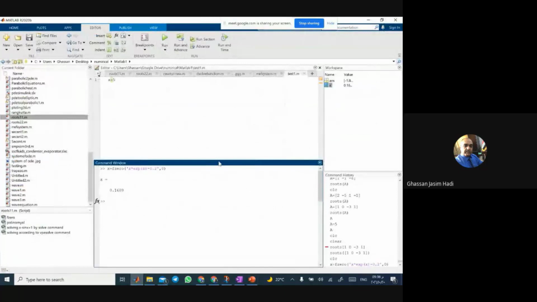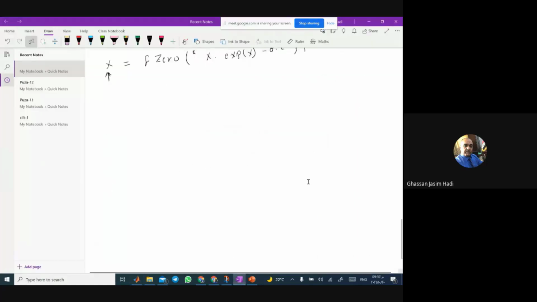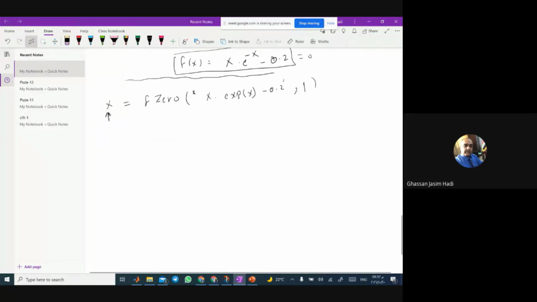Anyway, now this is the first way to solve or to find roots for an equation. Let's take another example. Let anyone please give me a question. f of x equals what?